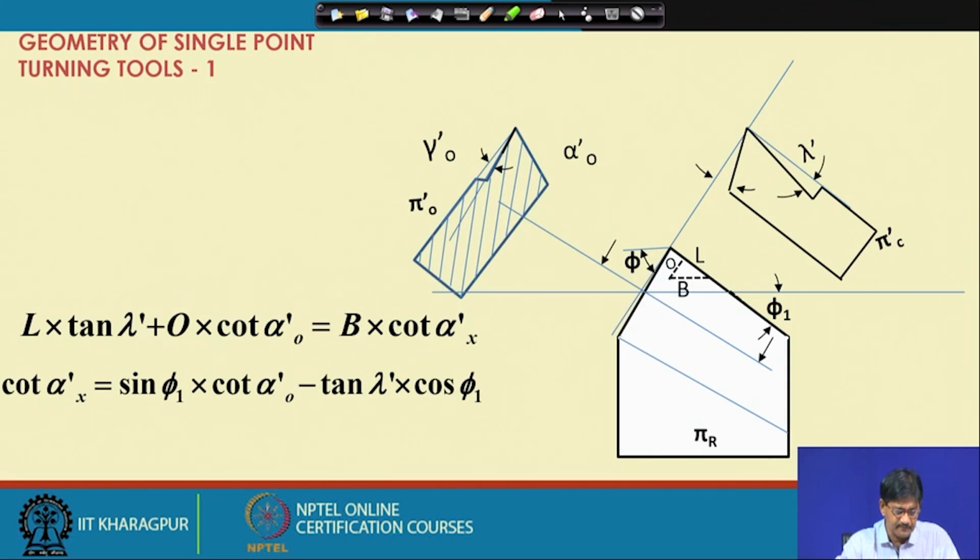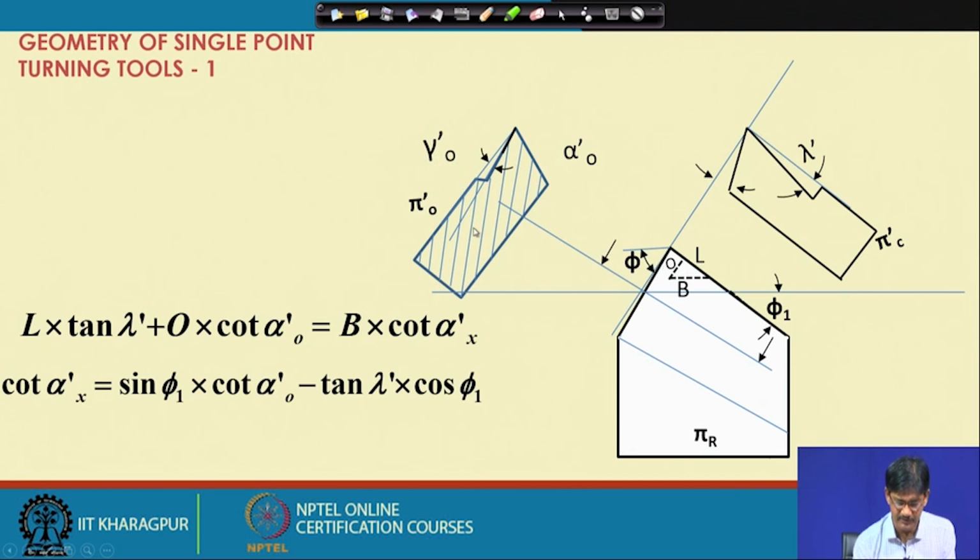So, coming back to this, now we are discussing the auxiliary cutting edge and the relationships between the inclination angle and the clearance angles in that plane. Considering this particular triangle, suppose I am going down the auxiliary cutting edge, what is the relationship between these vertical movements downwards?